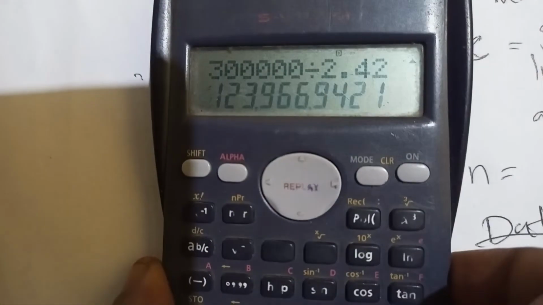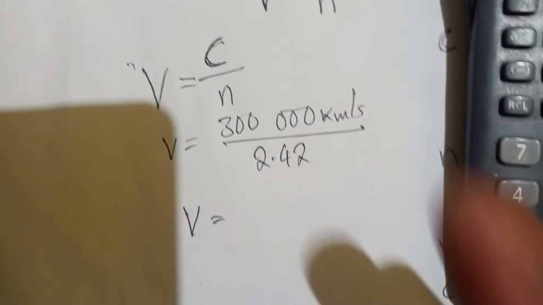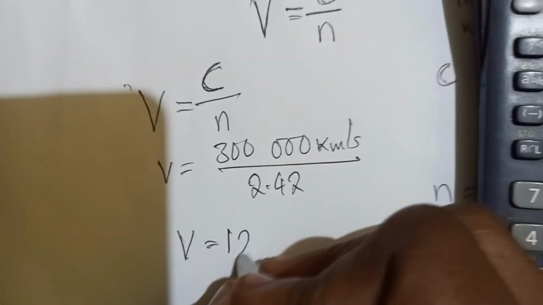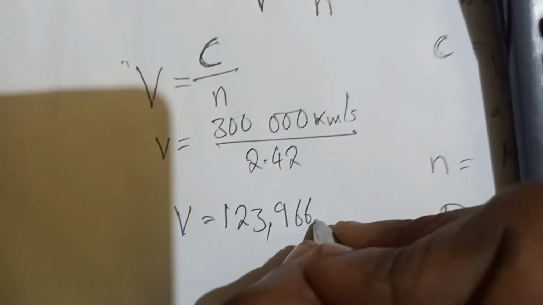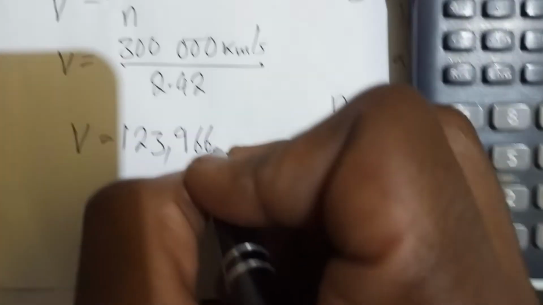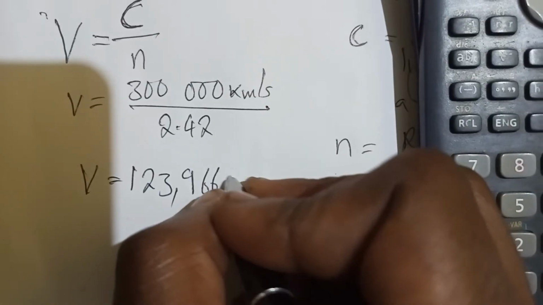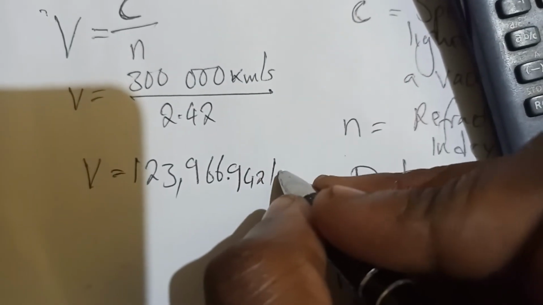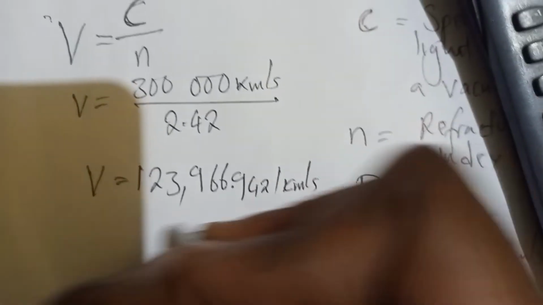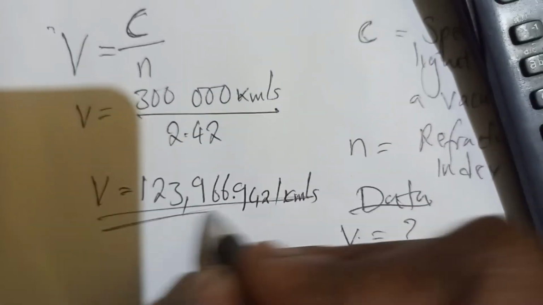All right, so you get this as your answer. So the speed of light will be 123,966.0.9421. So this is in kilometers per second. Okay, this is the speed of light.